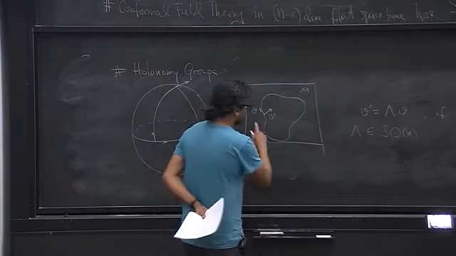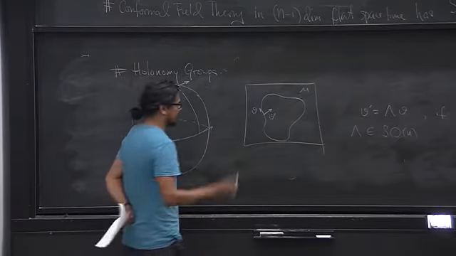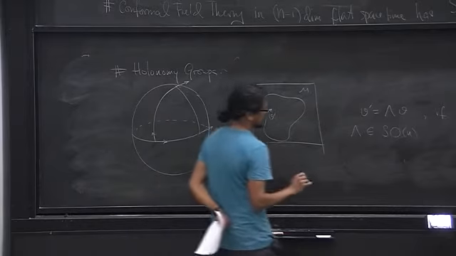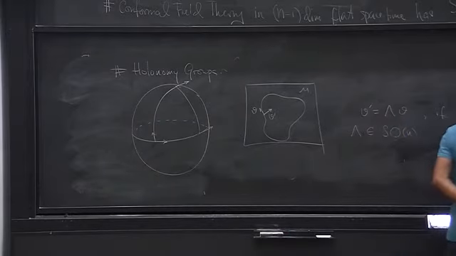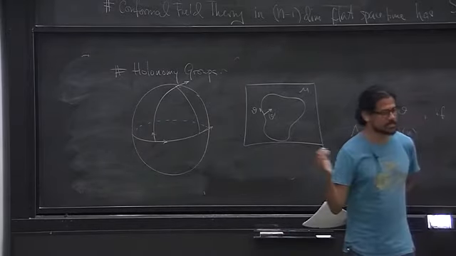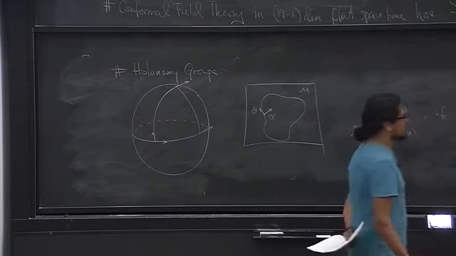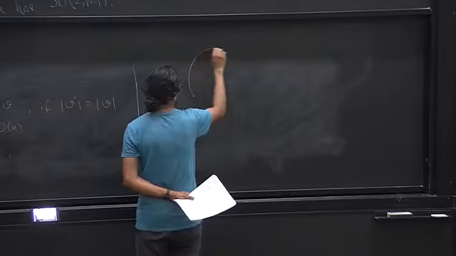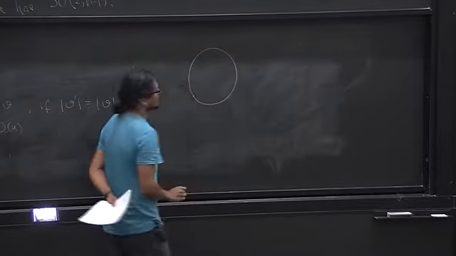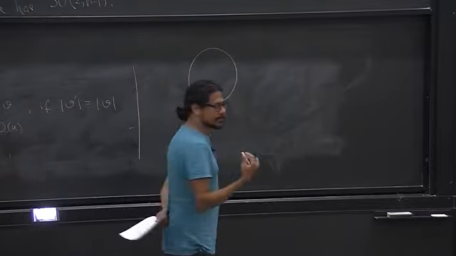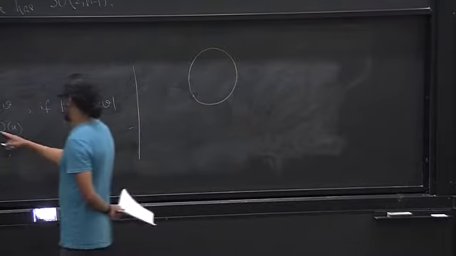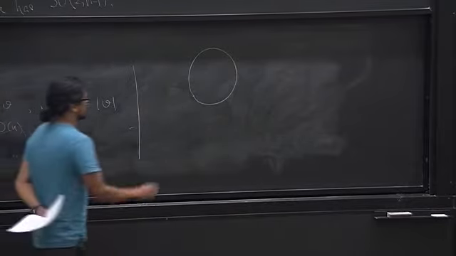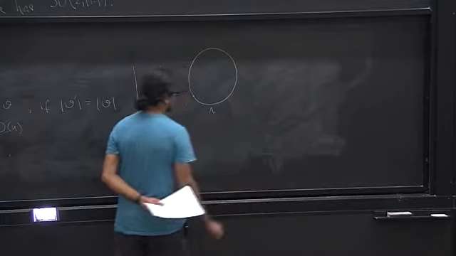Now you can actually give this a group structure, and this will be very sketchy. I'm sorry, it's very interesting, but if I go deep into it, it'll just take up a lot of time unnecessarily. The way you do it is that you start with a point, and you associate with every closed loop some element of SO(N). So this is, say, lambda 1.